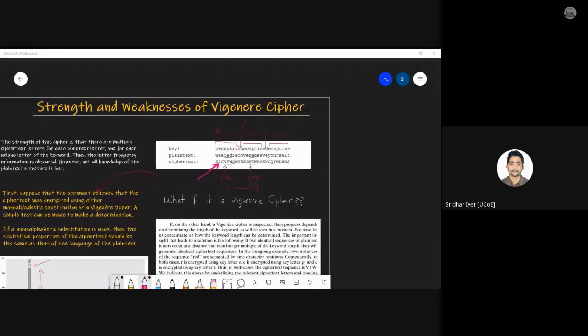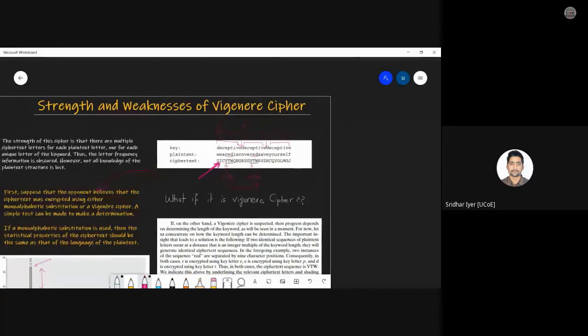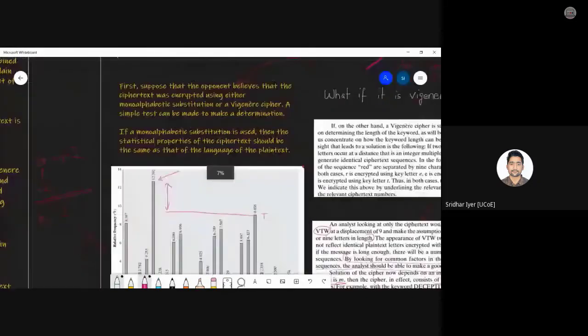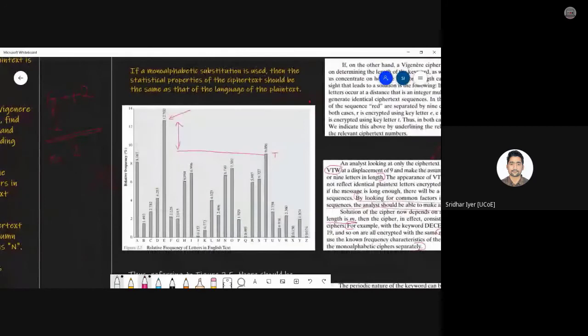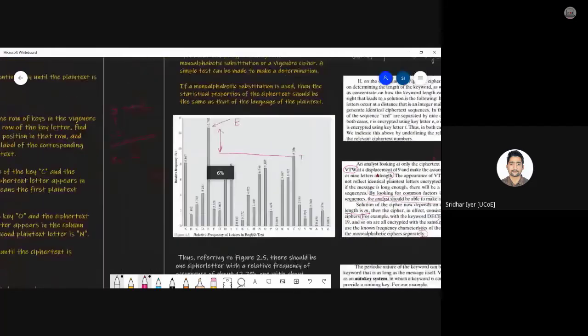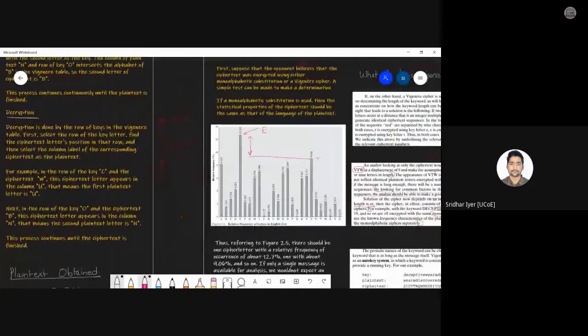The only thing is, if we are sure that it is a monoalphabetic cipher, then the cryptanalysis part becomes really easy. As we have already seen, we simply compare that particular character with this graph and try to find out the character which repeats the maximum number of times. Compare that with the character E, shift it accordingly, and try to break the code. Am I clear? This is how cryptanalysts actually work.